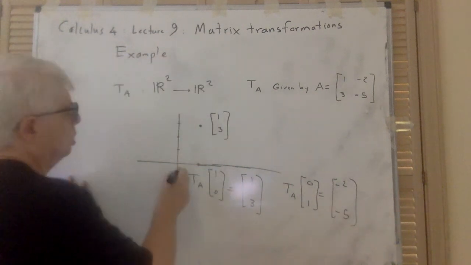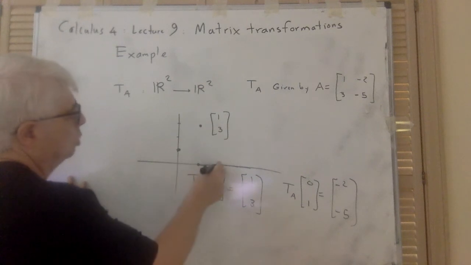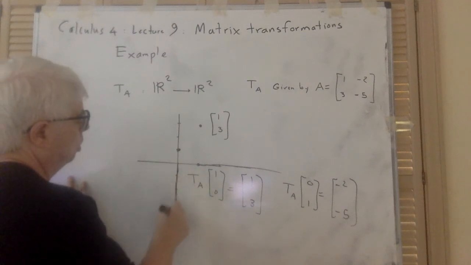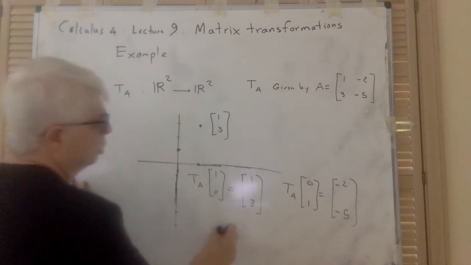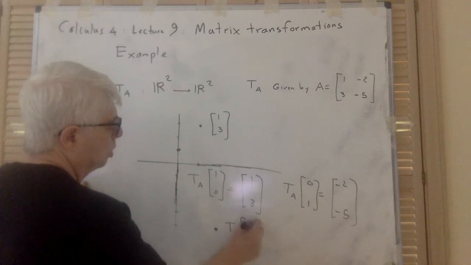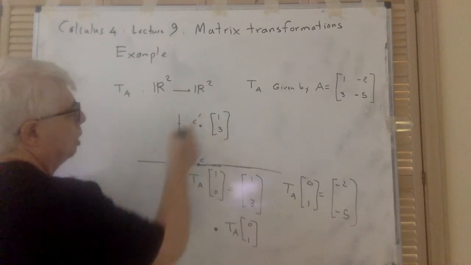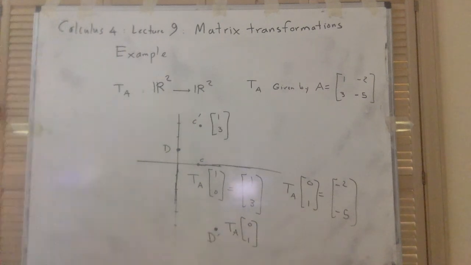So 0, 1 is this point. Where does it go? This goes down here, 1, 2, 3, 4, 5. Comes here. So this point is TA applied to 0, 1. Right? So this is the C, this is the C prime, this is the D, and this is the D prime. So it does something to the whole space.